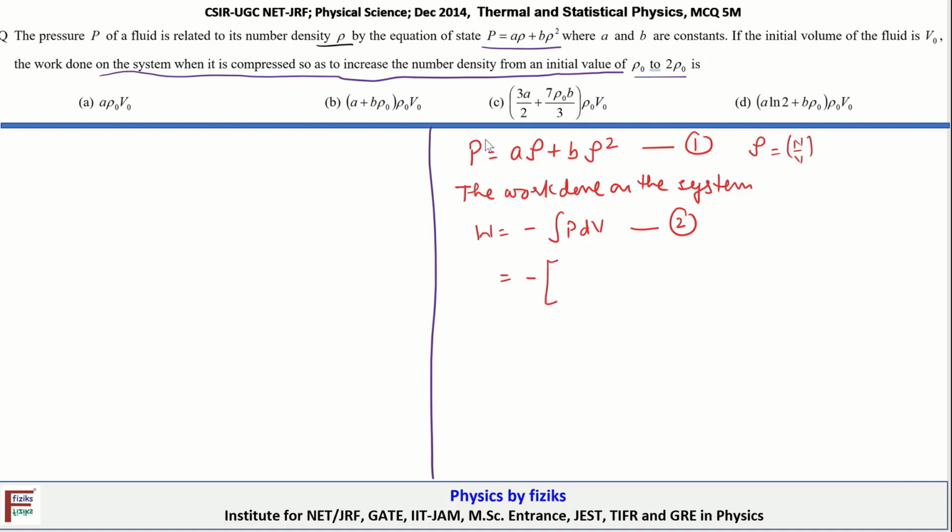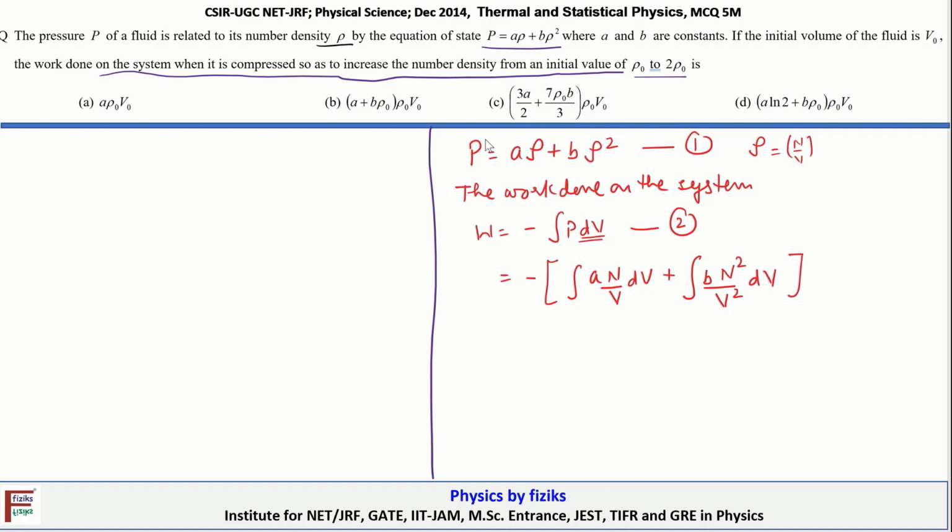So that is equal to minus the integral, and then inside the bracket, because the variable is volume, we will write rho in terms of V. So that is minus the integral of A n upon V dV, that's the first term, and then plus the second integral, B rho square, that is B n square upon V square dV.